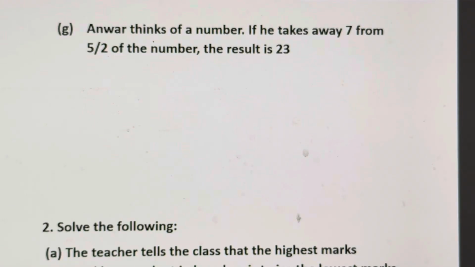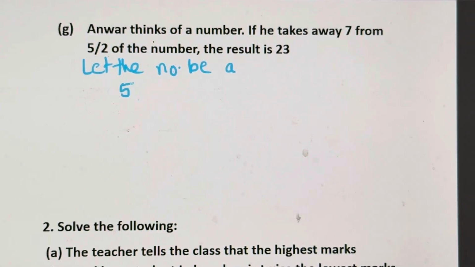Question number 1G. Anwar thinks of a number, and if he takes away 7 from 5 upon 2 of the number, the result is 23. So let the number be A. So 5 upon 2 of the number means 5A upon 2. And he takes away 7 from this.